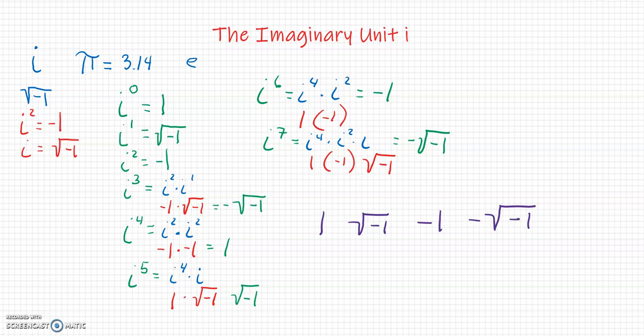So I'll just create a little chart here. This was raised to the 0. This was raised to the first power, to the second power, to the third power. This was the same thing as to the fourth power. This was the fifth. This was the sixth. This was the seventh.